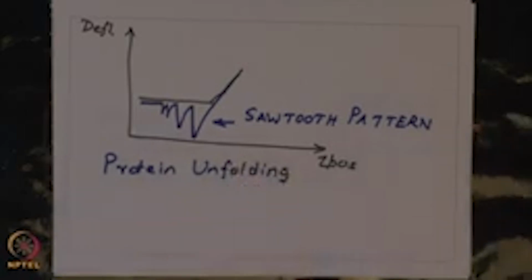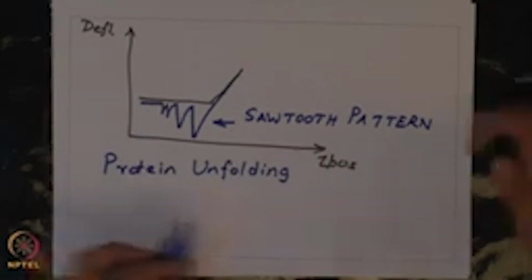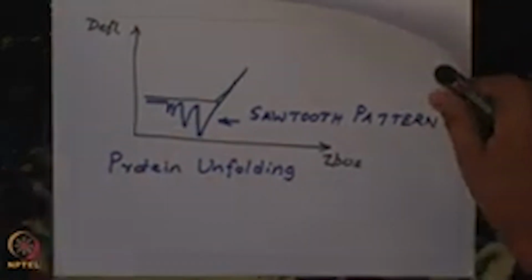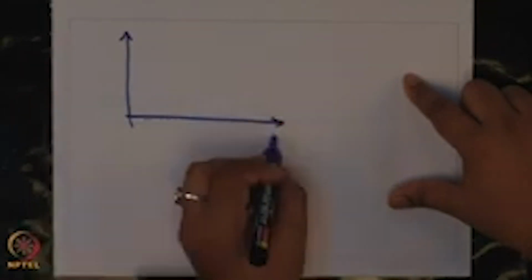Typically for protein unfolding studies, you do not plot the data like this, because you are only interested in this portion of the curve, which is plotted in the following way.